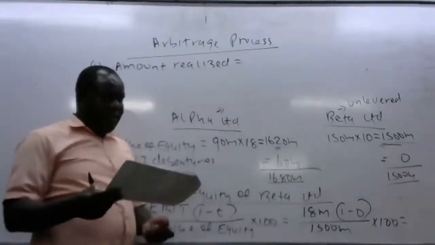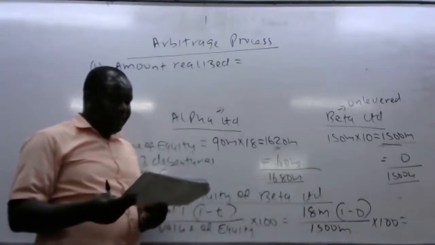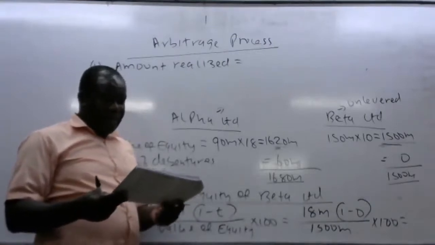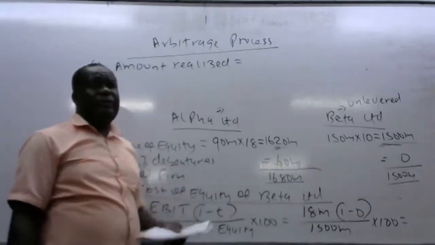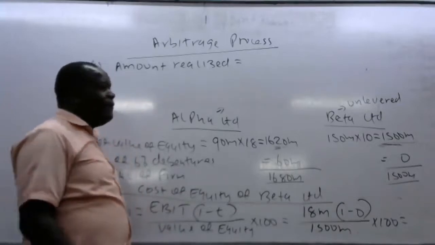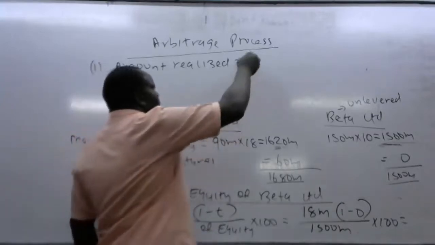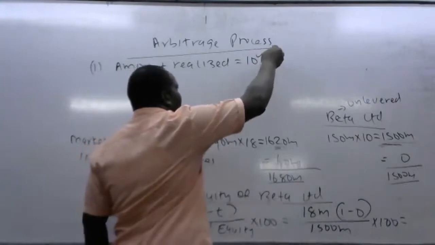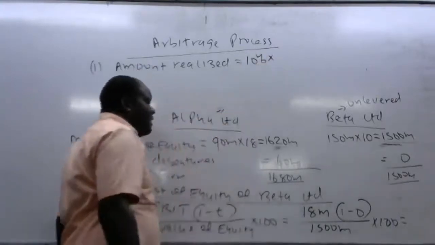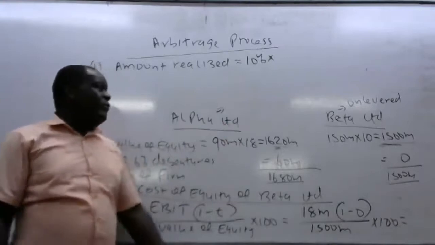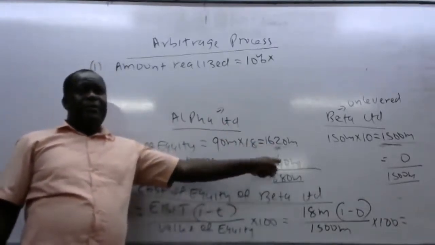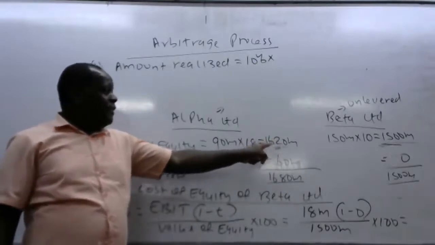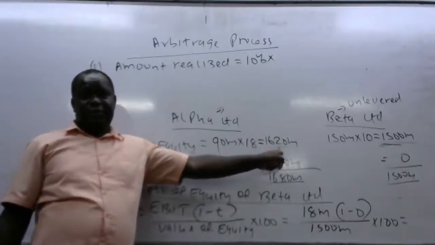You can see they say he owns what percent? Just check in Roman letter 1. An investor holding 10% of which company? Alpha. So we get 10% of alpha. And in the company, we own equity, not debts. So equity is 1620.